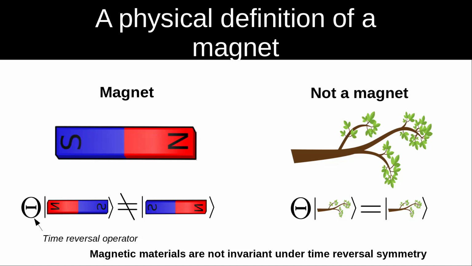If you think about some object that is not magnetic, like some stick, then if you apply time reversal symmetry, you recover the original object. So if a material is invariant under time reversal symmetry, then we say that it's not a magnet. If a material changes when we apply time reversal symmetry, then we say that in some way it is magnetic.